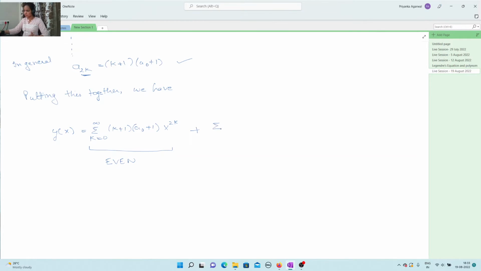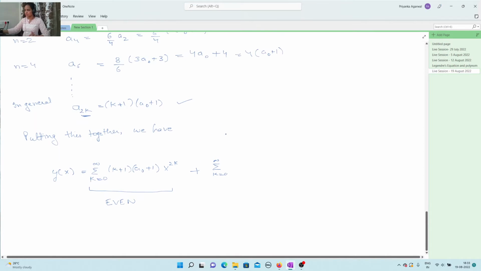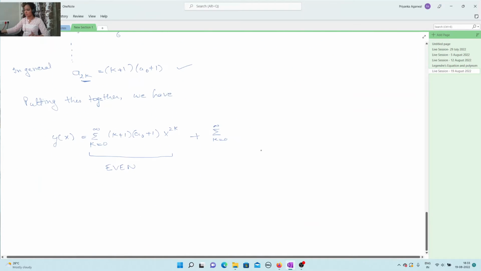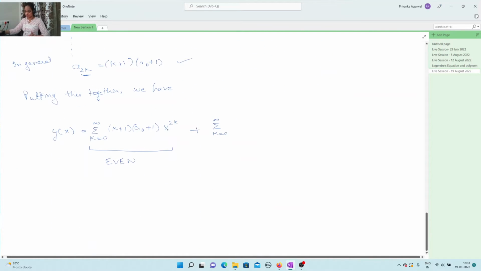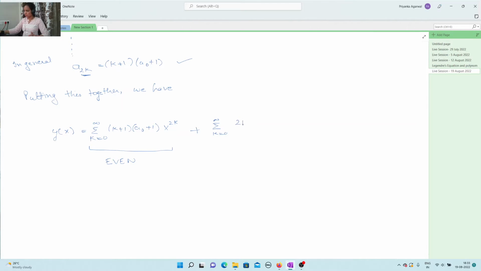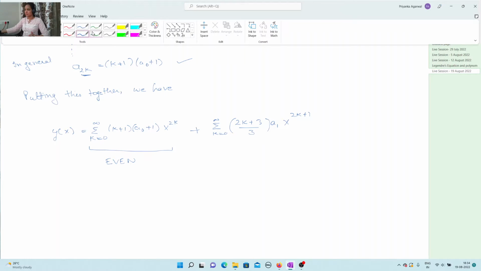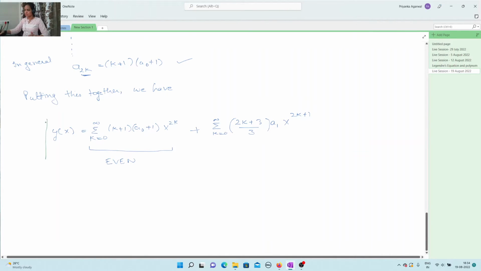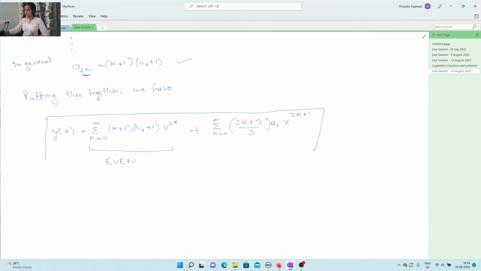Odd term: summation k equals 0 to infinity (2k plus 3) over 3 a1 x to the power 2k plus 1. So this is the final power series solution of the given equation. So this is the odd term. Any doubts?